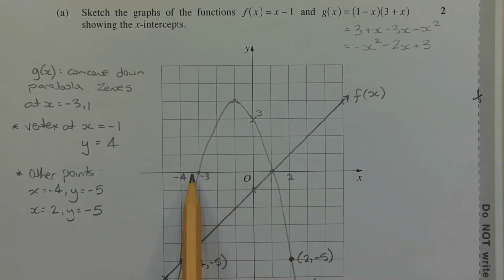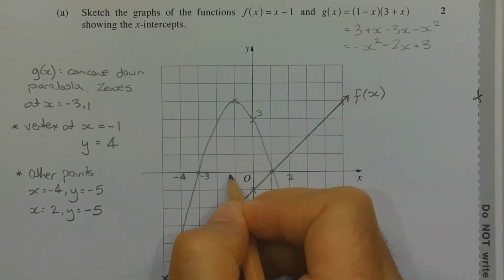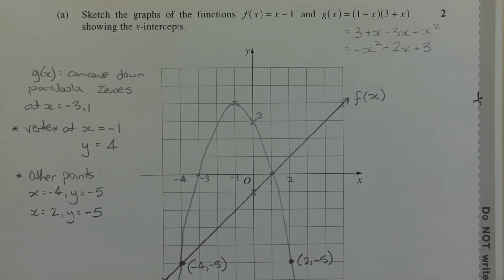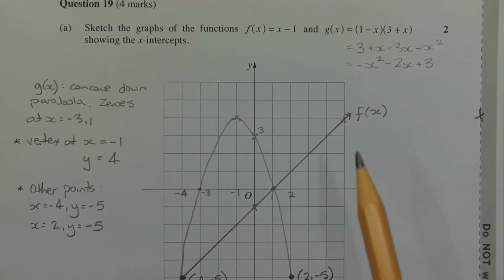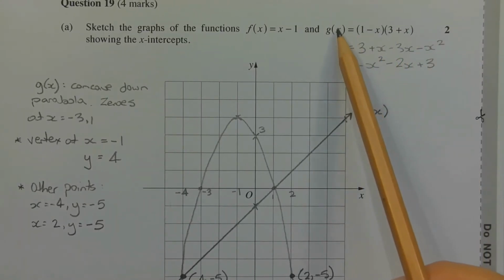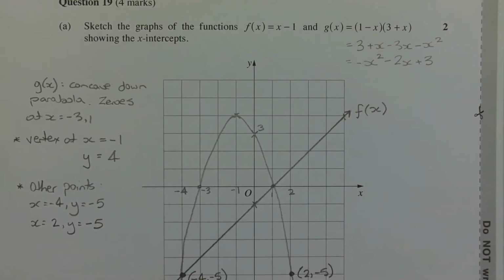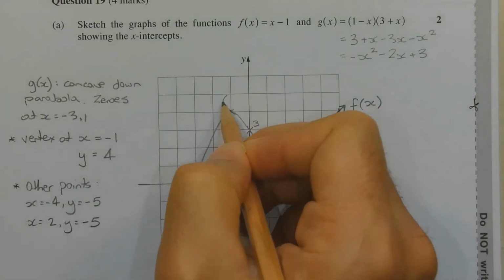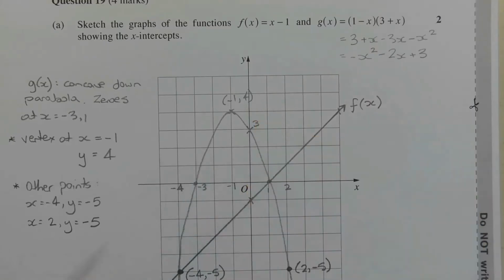So the average of negative 3 and positive 1 is negative 1. We just want the y-coordinate of the vertex. So we can take x equals negative 1, substitute it for x here in g of x, and we get y equals 4. So the coordinate of the vertex there is negative 1, comma 4.